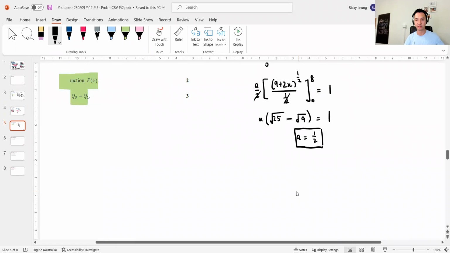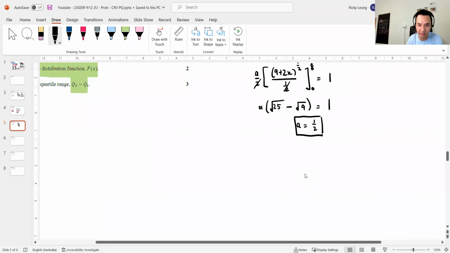Right, so now let's do the CDF better than we did for the setup for the other one. CDF, remember, it's from 0. F(x) equals integral from 0 to x of, now I've got, a half square root 9 plus 2t dt. There you go. Good setup.